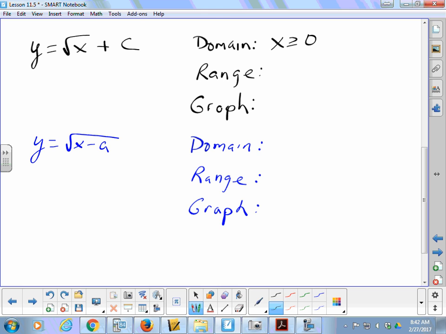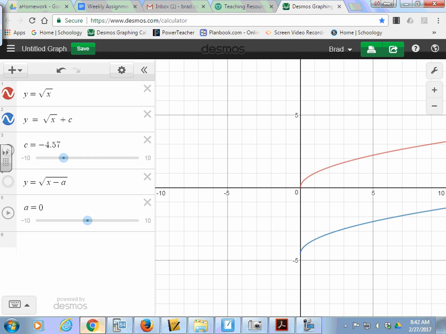So let's see where we are right now. Right now I have it at negative 4.57. So what's the range for this graph then? What's, Zoe? Okay, great. Y is greater than or equal to negative 4.57.